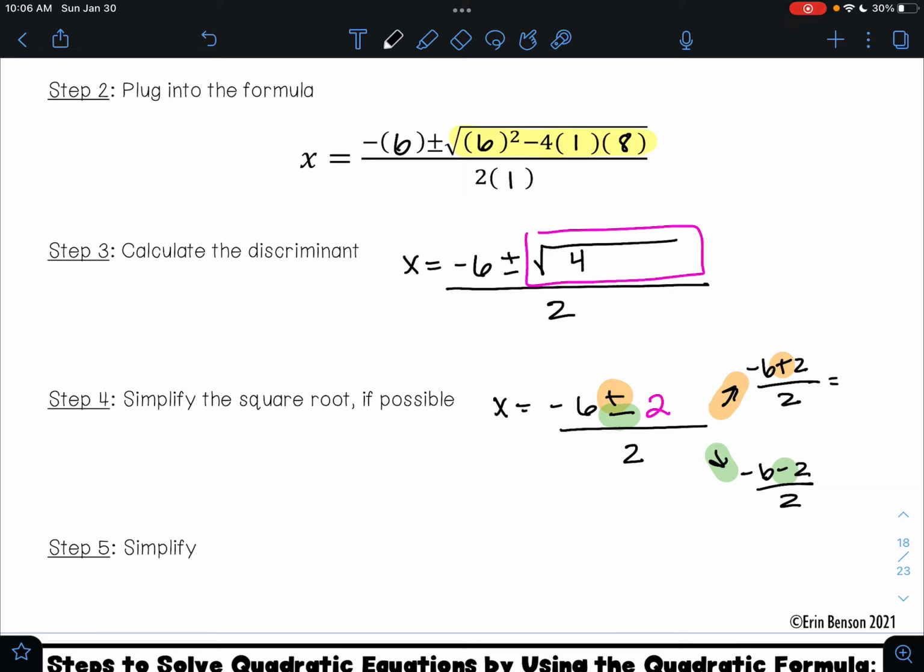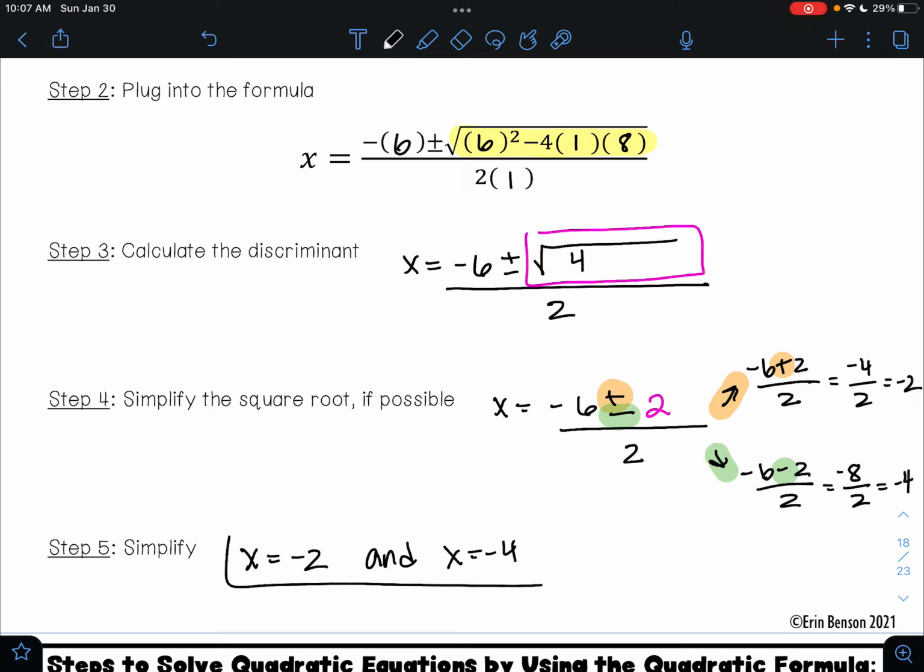Negative 6 plus 2 is negative 4. Negative 4 divided by 2 is negative 2. Negative 6 minus 2 is negative 8. Negative 8 divided by 2 is negative 4. So we have two solutions. Those two solutions are negative 2 and negative 4. Those are our answers.